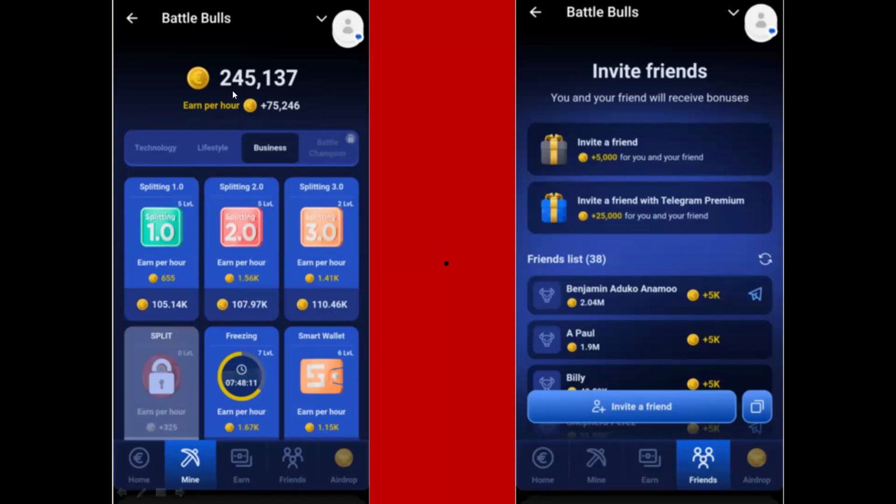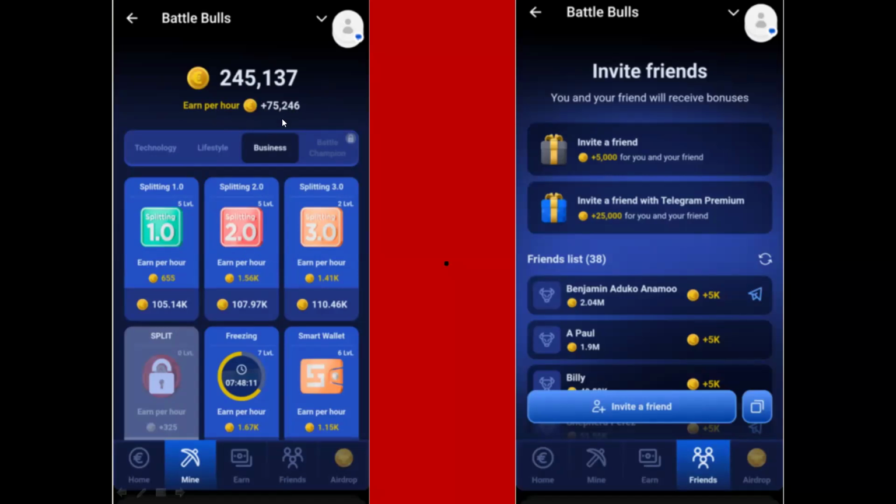It's not the quantity of coins that you have in your coin balance. So always make sure that you use your coin balance to purchase these cards. And each time you purchase a card, the profit per hour on that card will add itself to this one. You see, for instance, this person already has 75,246 coins produced for him or her every passing hour.